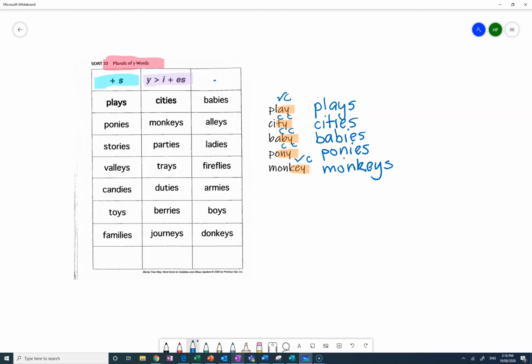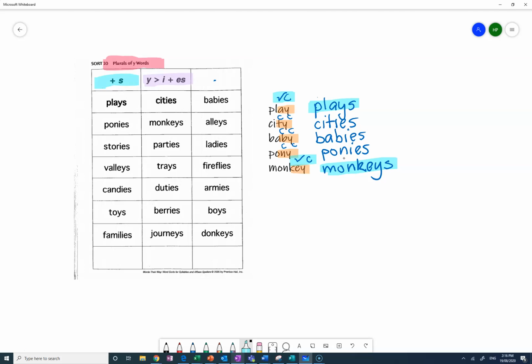Oh, there's our S. Now, have a look. Do you notice a pattern? This word here, plays, let me get my highlighter. Plays, I have just added an S. Monkeys, I've added an S. Do you notice something about the spelling pattern in the base word?